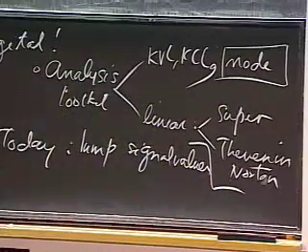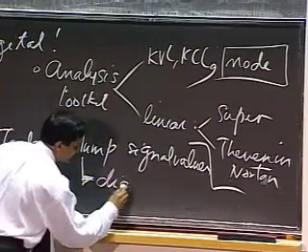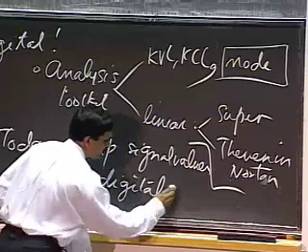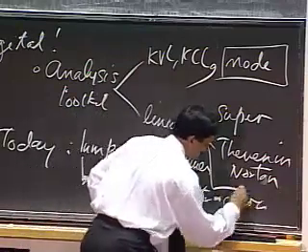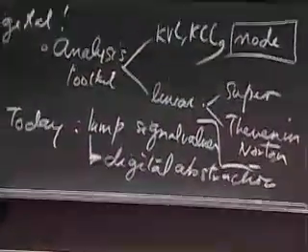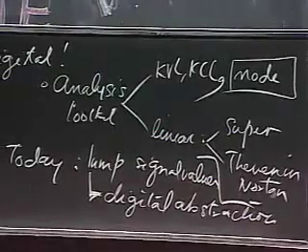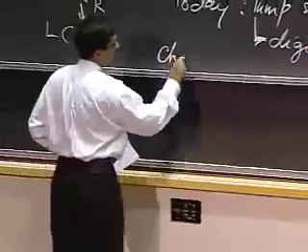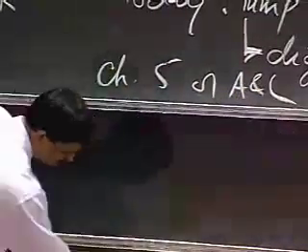We'll just deal with lumped values, and this will lead to the digital abstraction. The related reading is chapter 5 of the course notes.